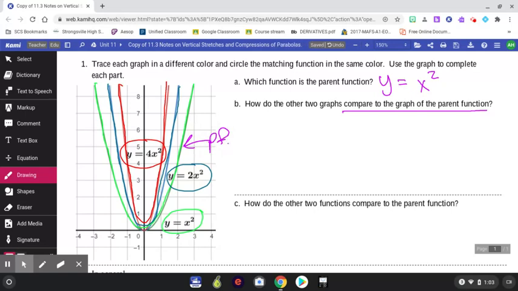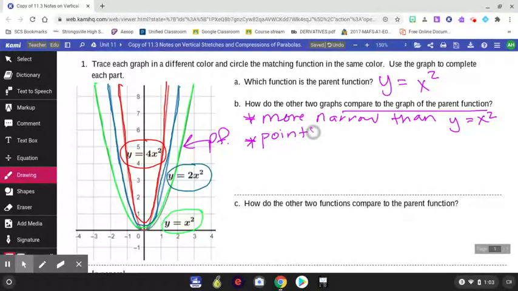The other two functions look like they're more narrow than the parent function. Let's talk about some points that are on these graphs.